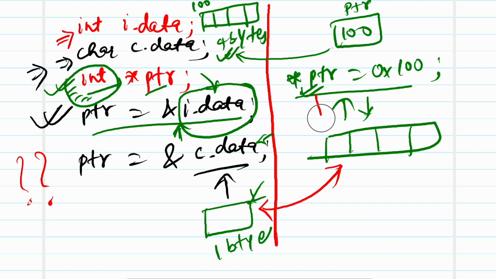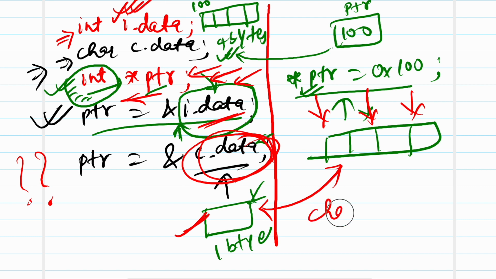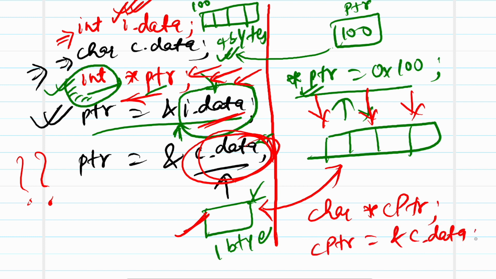Our pointer will try to update 4 bytes, but the actual allocation for this variable is just 1 byte. So we should always store the address of the same data type in these pointers. If we have an integer pointer, then we should store only an integer variable address here. To store a character variable address, we can take a character pointer, and here we can store the address of the character variable.